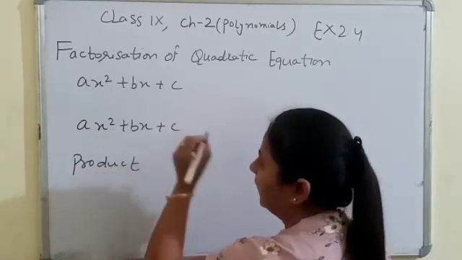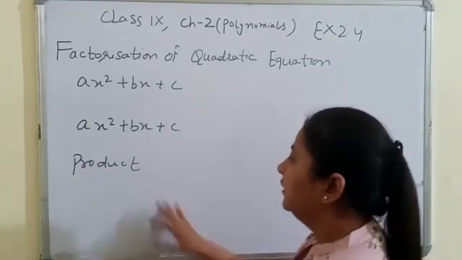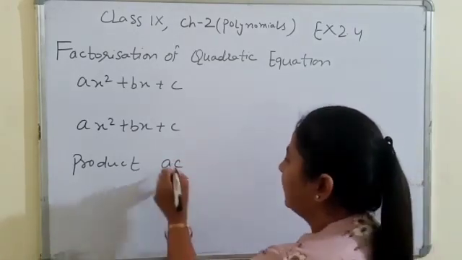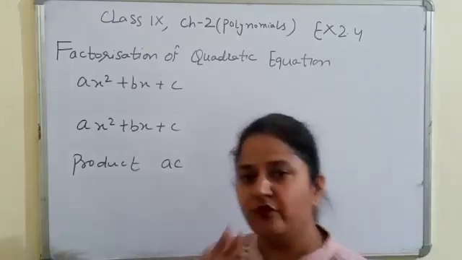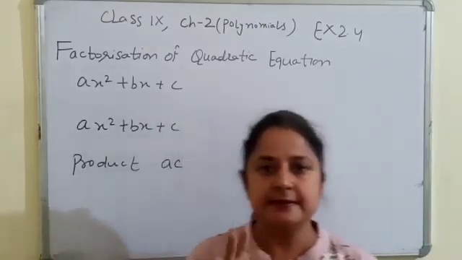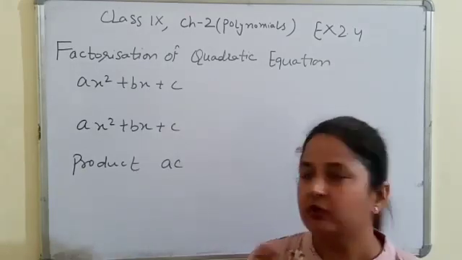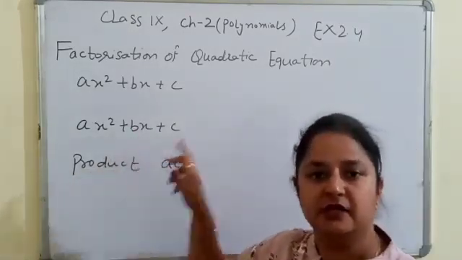We will find their product and we have to divide this product into two factors, into two integers, such that the sum of these two integers should be equal to the middle term.